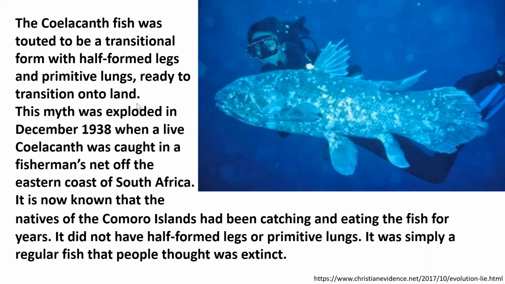Now, this myth was exploded in December 1938 when a live coelacanth was caught in a fisherman's net off the eastern coast of South Africa. It is now known that the natives of the Comoro Islands had been catching and eating the fish for years.